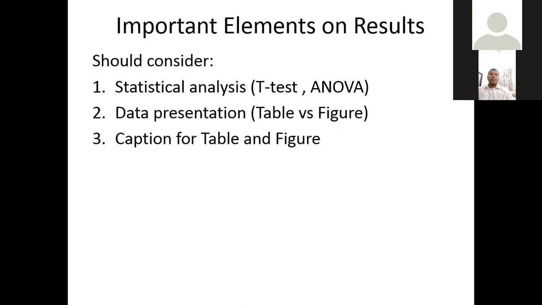I'm not really an expert in meta-analysis, but I think there is a way to analyze the data. I think there is a protocol, so you have to follow that protocol, right? If you read many review papers, they follow that protocol to analyze the data. Okay. The second element is how you are going to present the data, table or figure.